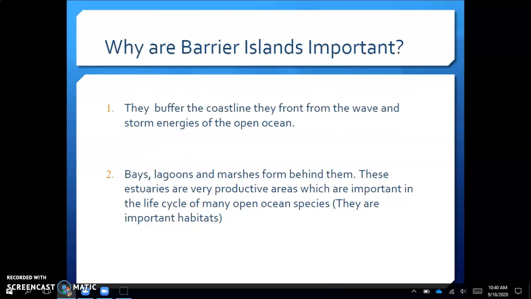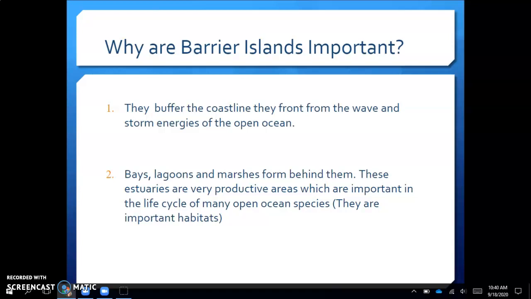So why are we learning about this today? Why are barrier islands so important? Well, number 1, they buffer the coastline from wave and storm energies of the open ocean. So anytime hurricanes come up or there's a bad tropical storm, North Carolina's Outer Banks pretty much get the brunt of the force of the storm, but it will buffer the mainland coast from those terrible ocean surges and the energy from the storm.